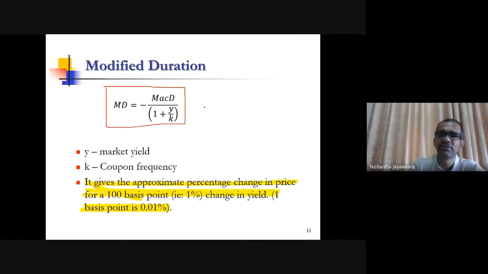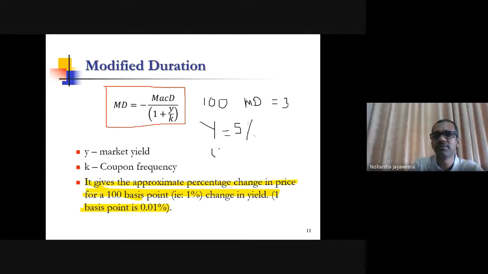Did you get it? So say there's a bond, the price is 100, and modified duration is 3. Now the yield is 5%.